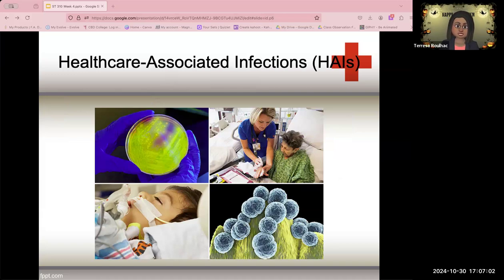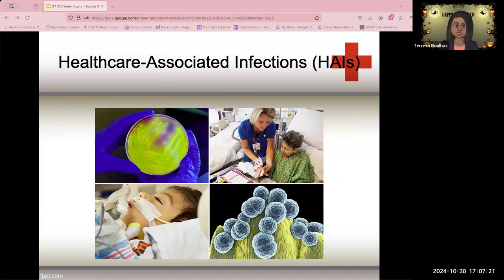Now, SSIs are a major public health concern. According to the Centers for Disease Control and Prevention, CDC, SSIs account for about 30% of all healthcare associated infections in hospitalized patients in the United States.